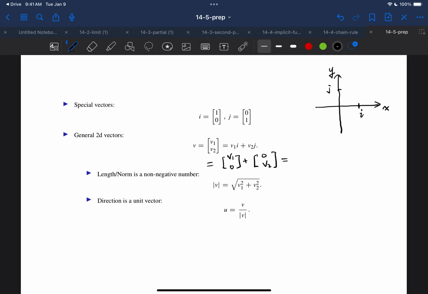And we can take out the constant. The first term becomes v1 times (1, 0), and the second term is v2 times (0, 1). The first one is i, the second one is j. So it becomes v1 i plus v2 j.